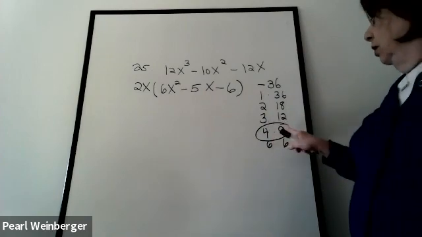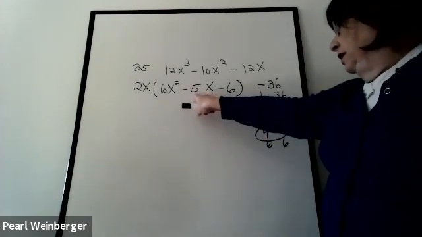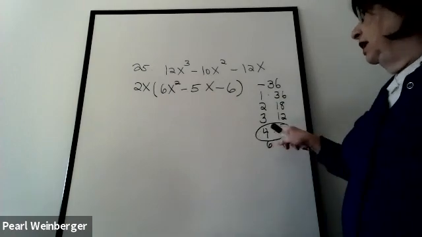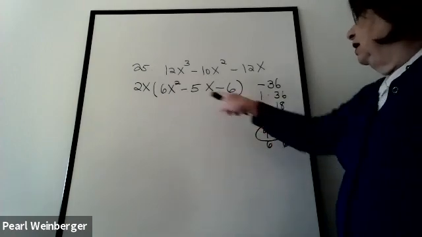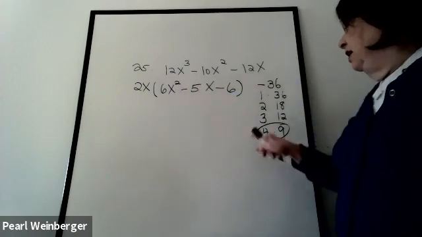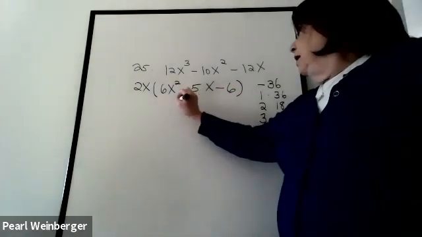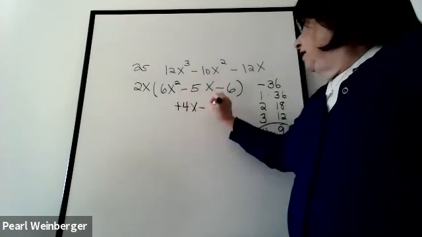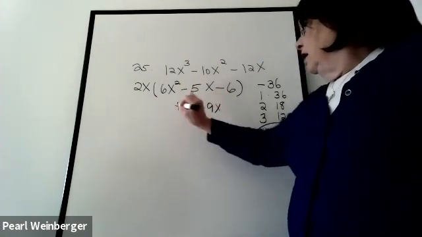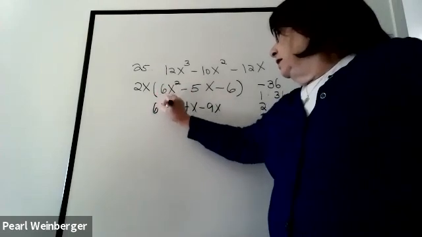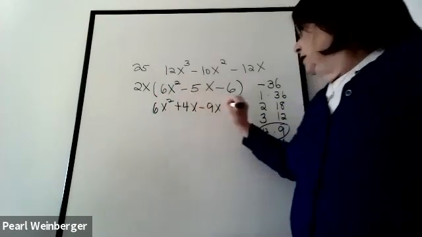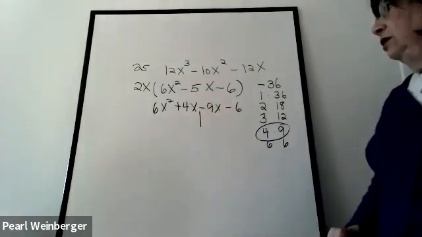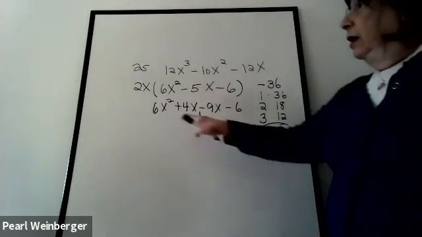So we're going to have to break this negative 5x into two numbers. And since the 5 is negative, it's going to have to be a plus 4x and a negative 9x. I'm leaving my 6x squared and my negative 6, and I'm going to do grouping here.